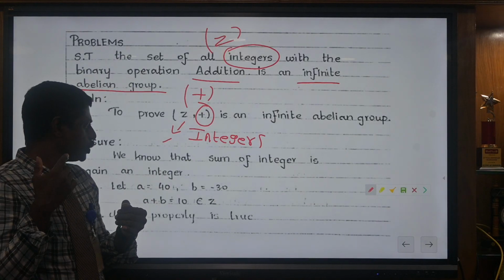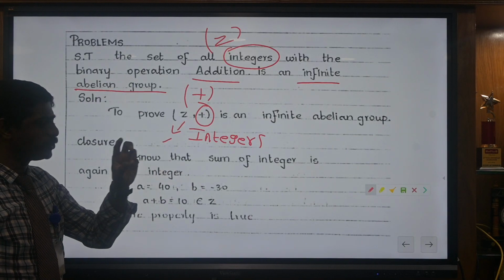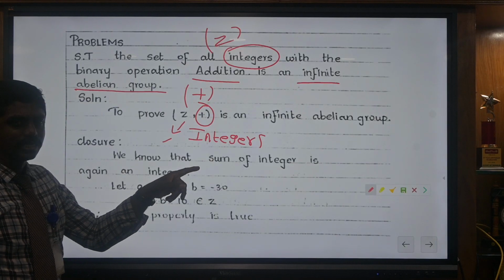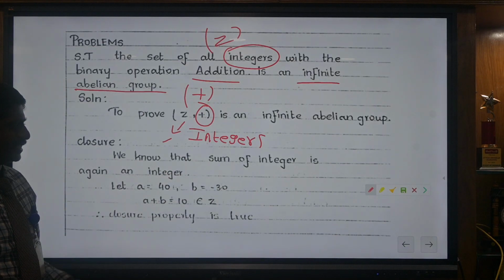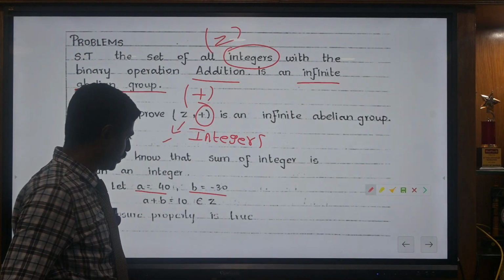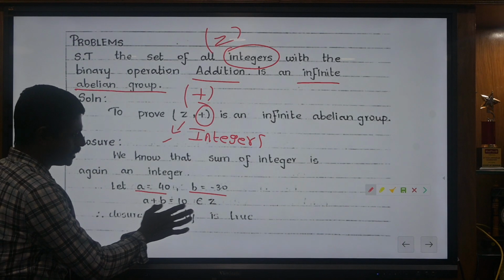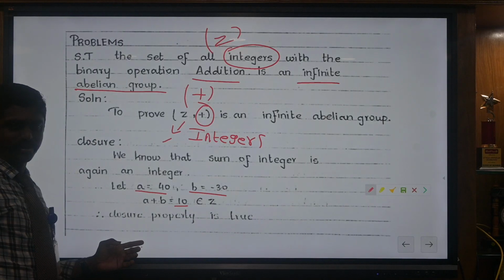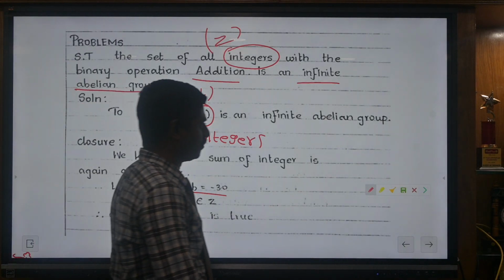First we have to prove closure. We can take any two elements from Z. We know that the sum of integers is again an integer. So I take two elements: A equals 40 and B equals minus 30. When you add both, you get 10. 10 also belongs to Z. Therefore the closure property is true, so the first condition is satisfied.